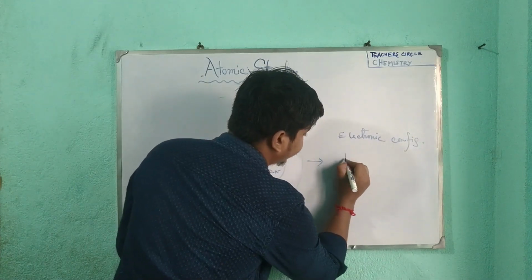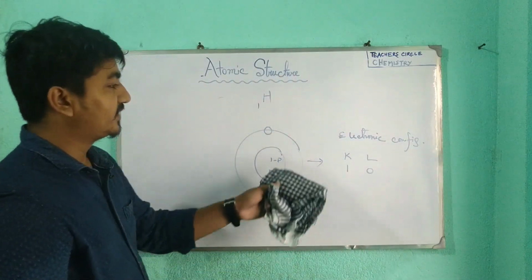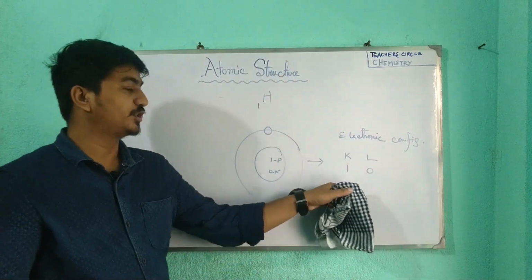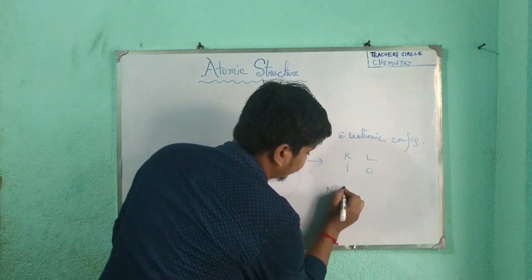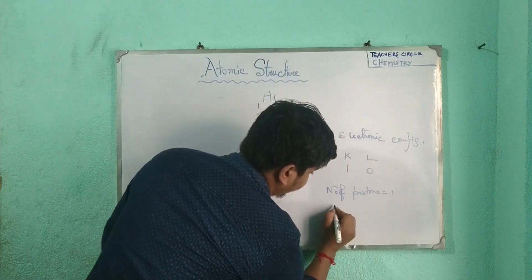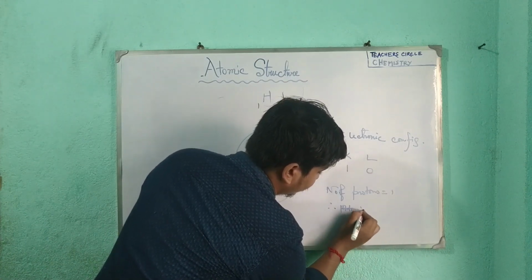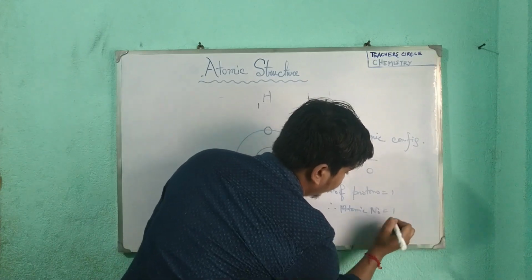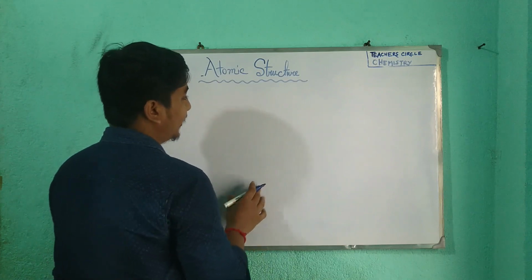For the K cell it is 1, L cell it is 0. So basically we will write the electronic configuration like this, and the number of protons is equal to 1. Therefore the atomic number is equal to 1.